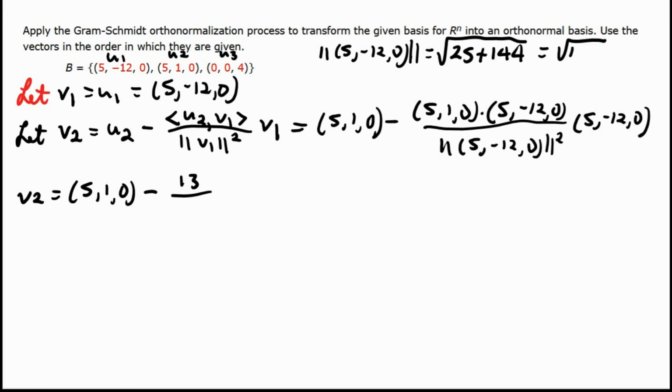So this is the square root of 169, which gives us 13. But we're squaring that, so that's just 169. This is times 5, negative 12, and 0.